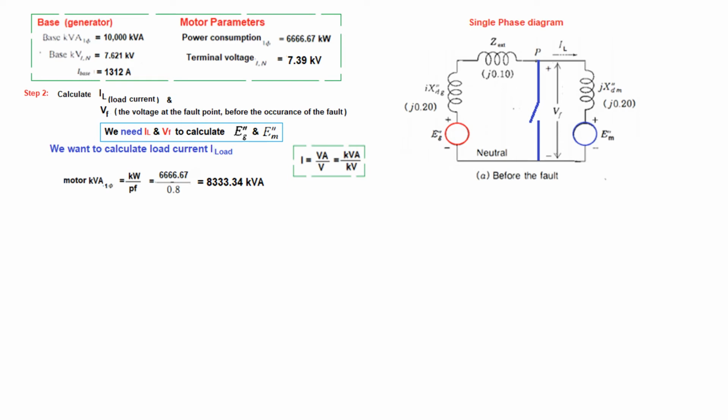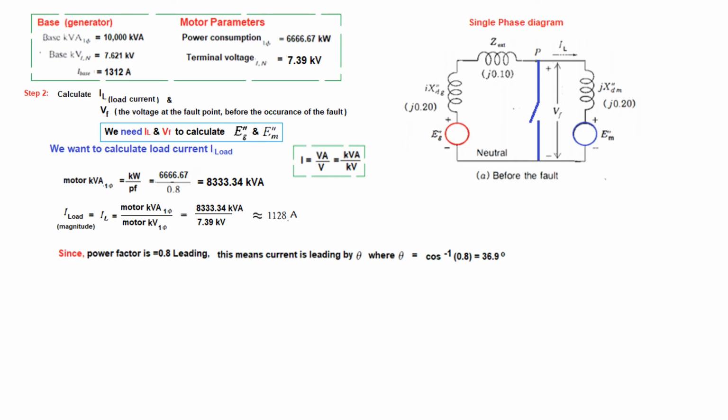So this is now in kVA, and now we can easily divide it by the terminal voltage for single phase to get the current. So I load, the magnitude of I load will be motor kVA, which we have got here, and motor kV per phase, which is 7.39. So dividing this, we get the magnitude of the load current to be 1128 ampere.